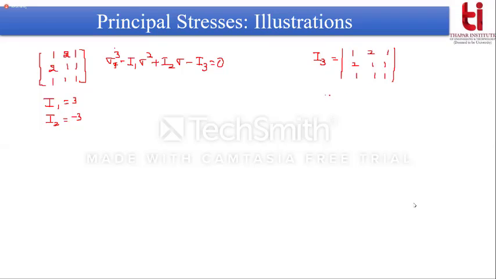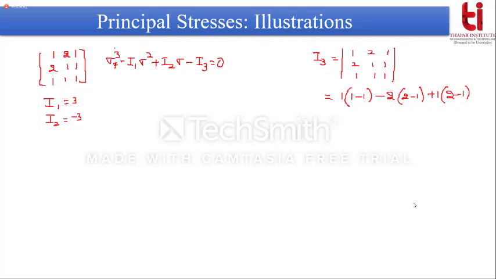So one can evaluate the determinant of a 3 by 3 matrix using simple calculations or by using calculators. But I think everyone should be aware how to evaluate the determinant of a 3 by 3 matrix. So this is 1 times (1 minus 1), minus 2 times (2 minus 1), plus 1 times (2 minus 1).